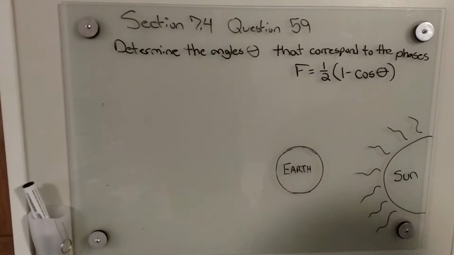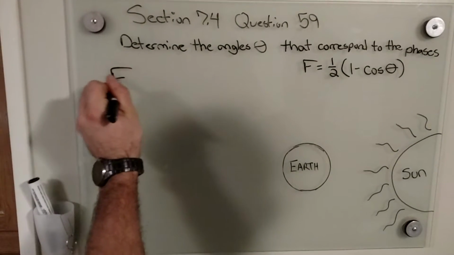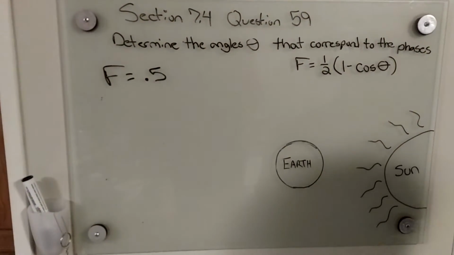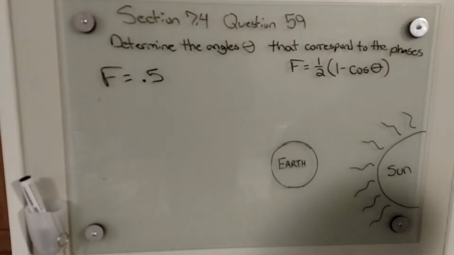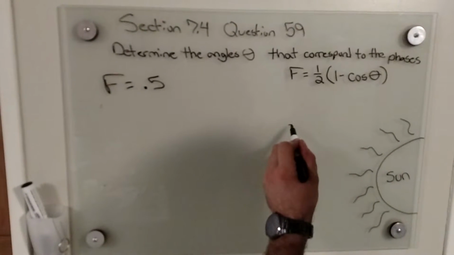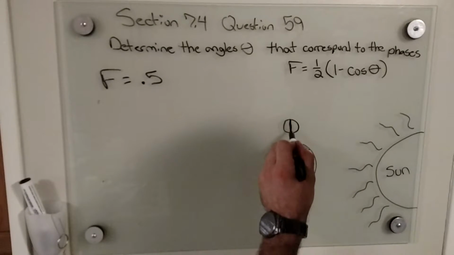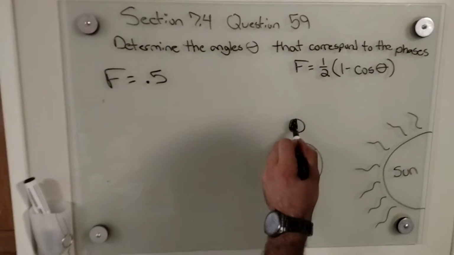Alright, let me see. Your third one here is going to be f equal to 0.5, and this is listed as the first or the last quarter moon, which is a little misleading because a quarter moon is technically a half moon, at least visually how we see it.